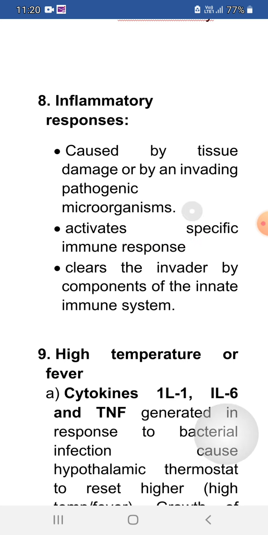When the immune system is activated, different immune cells come to the infected or damaged region and clear it of the invading microorganism, or damaged cells in that area are cleared by other immune cells which come inside there. They are phagocytes, cells which carry out cytotoxic effect, and the area is then cleared.